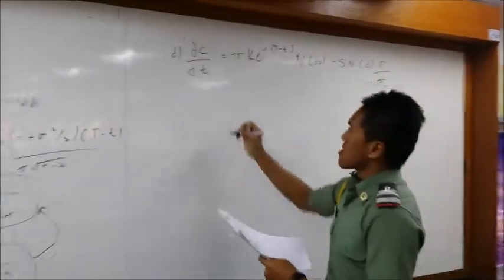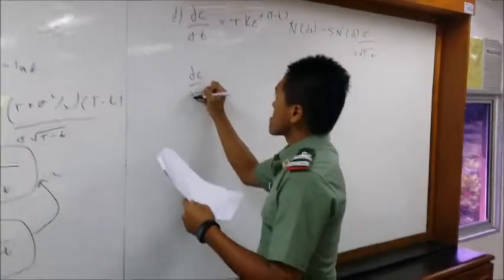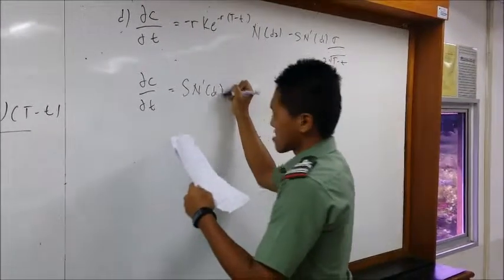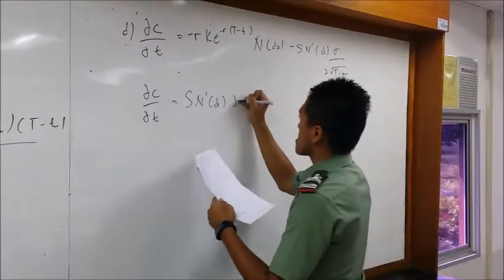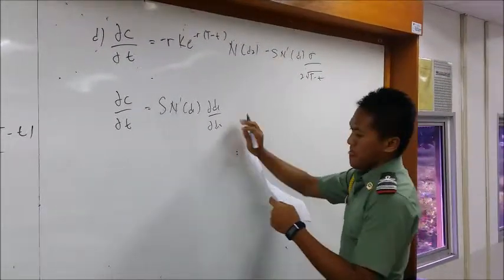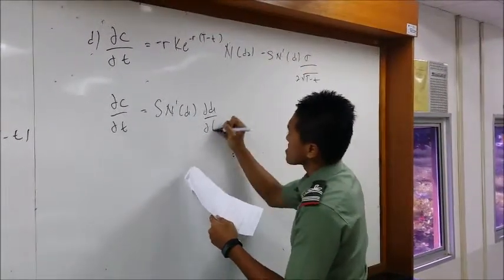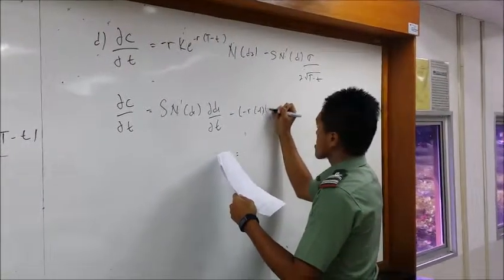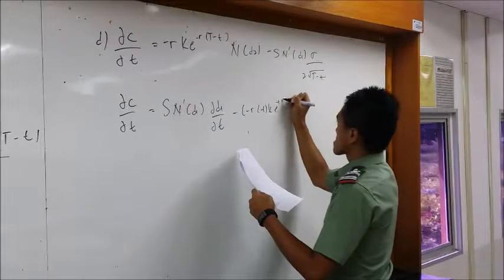We find that ∂C/∂t equals S N′(d1) ∂d1/∂t, minus r K e^(−r(T−t)) N(d2).